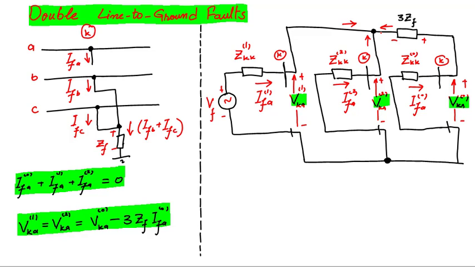So these three currents are meeting at a point. According to the KCL, Kirchhoff's current law, the algebraic sum of all the currents meeting at a point is equal to 0. So that will be 0. It means these two equations have been simultaneously satisfied by connecting the Thevenin equivalent circuits of positive, negative and 0 sequence networks in this manner.